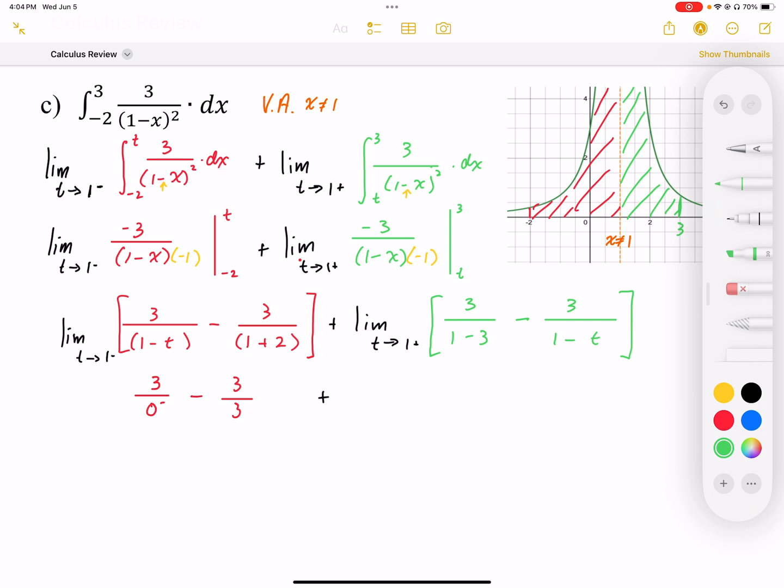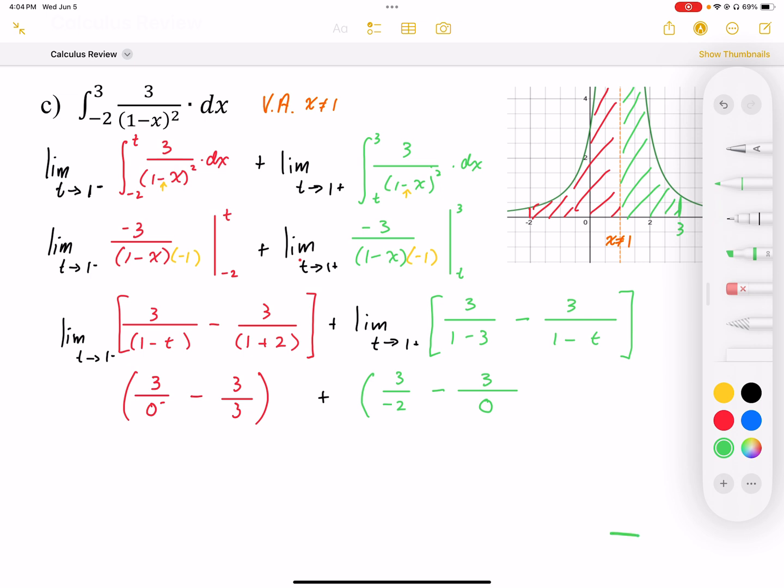I'm going to plug in my bounds here. Let's use some brackets here. I end up with 3 over negative 2 minus 3 over 1 minus 1 is 0. This time I'm approaching it from the positive side.